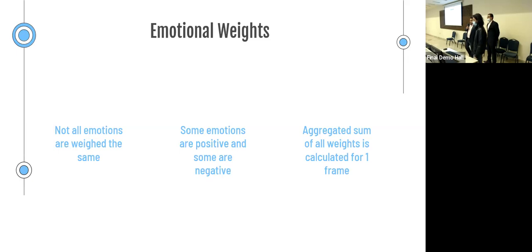All positive emotions are multiplied by 1, while all negative emotions are multiplied by -1, each with its corresponding weight. So for example, happiness will not have the same weight as something such as the lip depressor. After we concatenate all these weights, we have a final sum, which we can then cluster into either 0, 1, or -1.